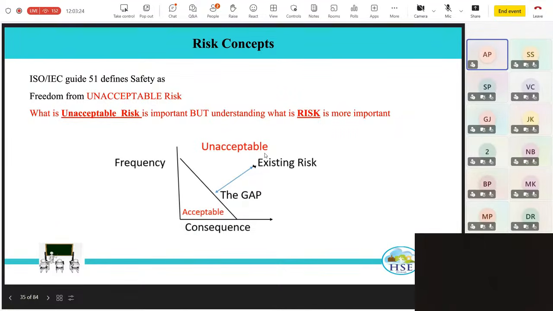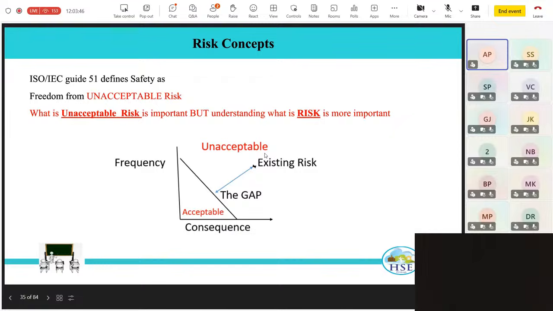Now, every organization defines what is acceptable risk to them. How do they define it? Once I have expressed it here as a frequency and consequence graph, the organization draws a line. The line is shown here.